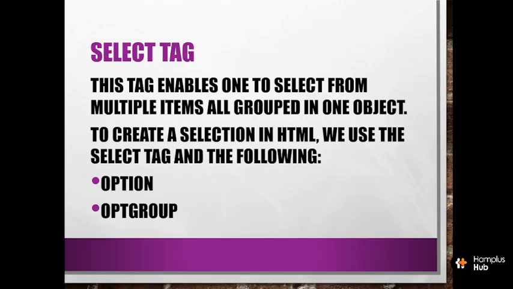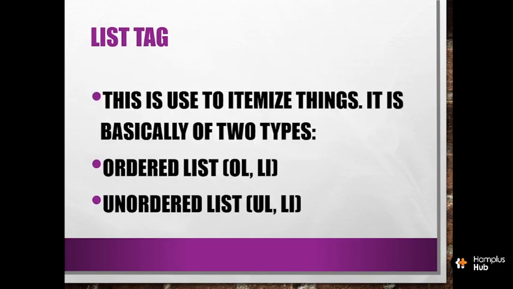Okay, after the select tag, we'll also see the list tag. In HTML5, basically we have two kinds of lists: the ordered list and unordered list. Now, if you go advanced, you see another list that is called the data list, DL.